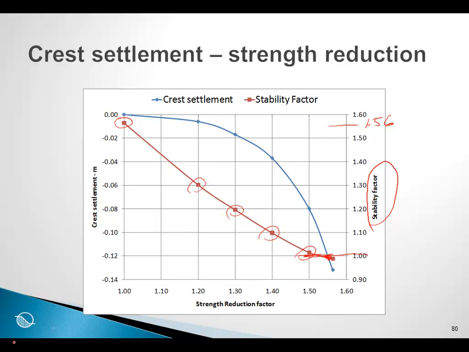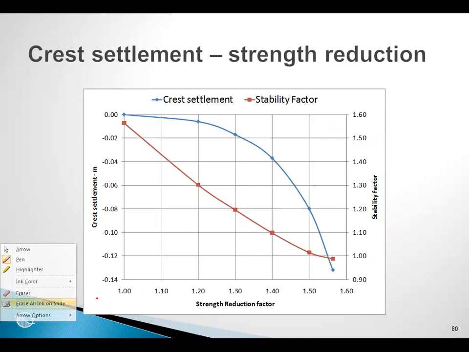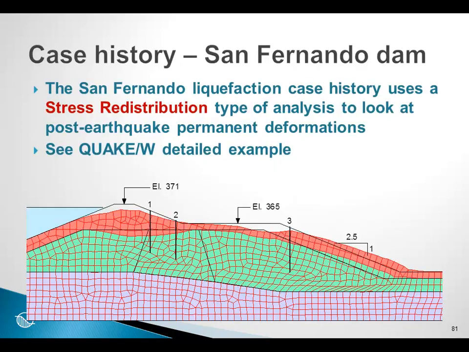You are not only left with this data, you also have this data, and the two combined together makes it possible to talk about deformation as a result of strength loss, but it also makes it possible to talk in terms of a factor of safety and to more definitively define the point at which we reach a factor of safety of 1.